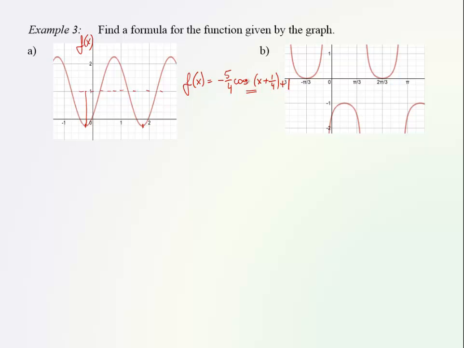So what's this coefficient? Well, let's look at the period. From here to there, it looks like it is exactly 2. So if the period is 2, the b is the same as the regular period of cosine, which is 2 pi divided by 2, so it's really pi. Okay, so this number must be pi. And that's the complete formula for this function.